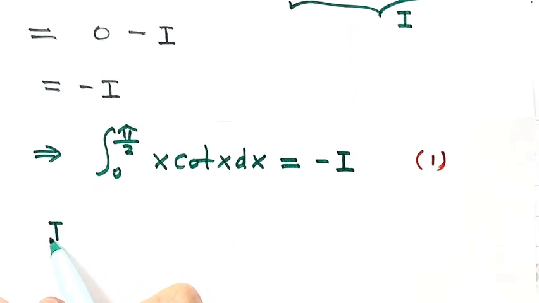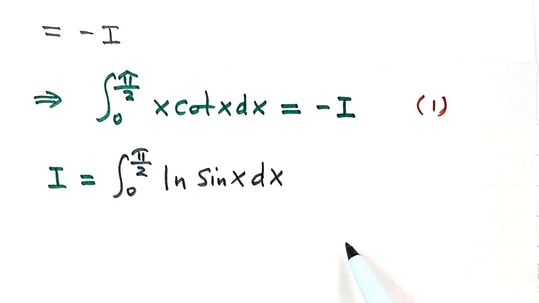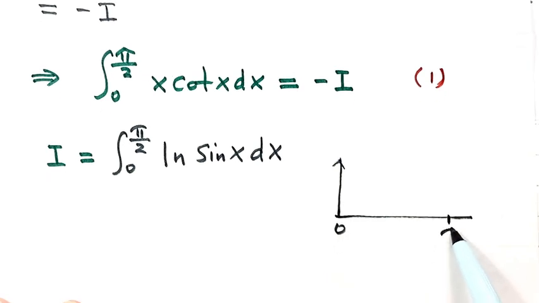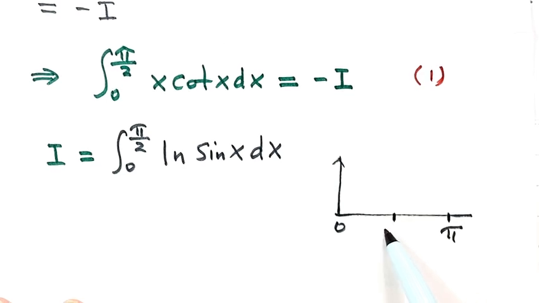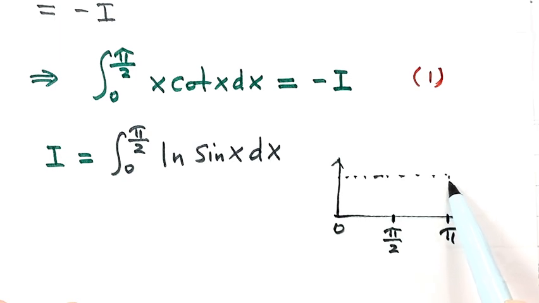Okay, so now let's work on the integral I. The integral I, from 0 to half pi, log sine x dx. Because here we have a sine x, let's look at the graph of sine, from 0 to pi. In the middle, that's half pi. This is a sine curve.